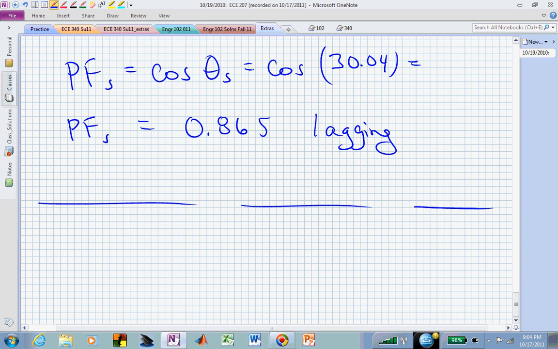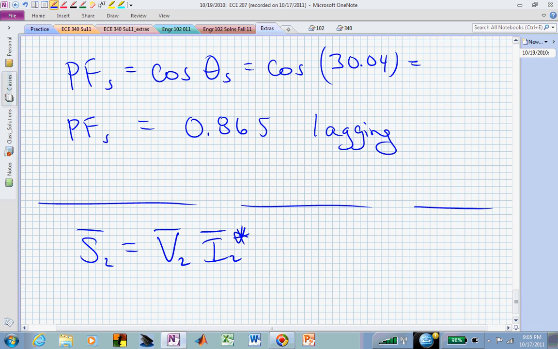We can say, well, with respect to our particular problem, what was the complex power of load number 2? We can think of it many different ways, but the easiest to begin with might be to say, okay, that's V times I star.